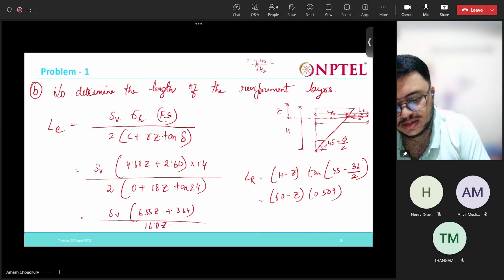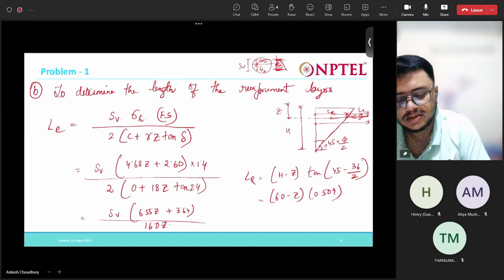So total is SV, and the lateral earth pressure, varying like this, times this SV.